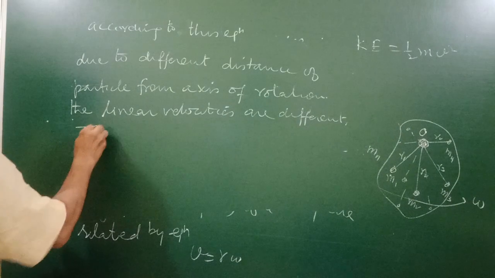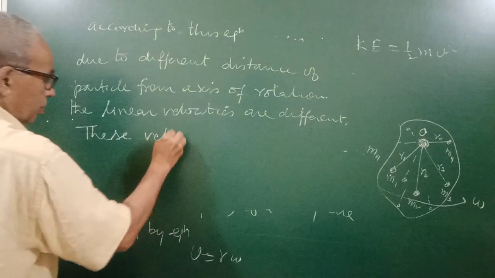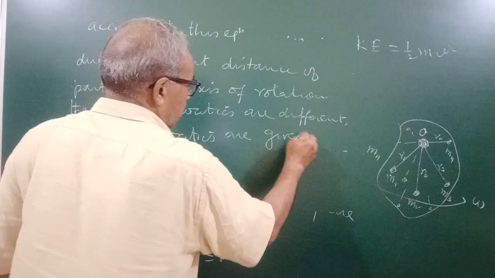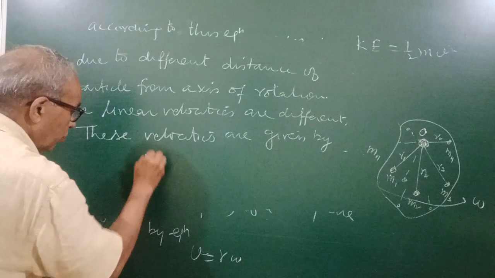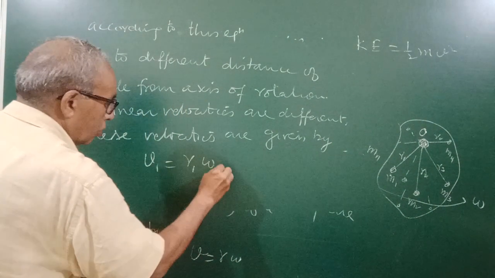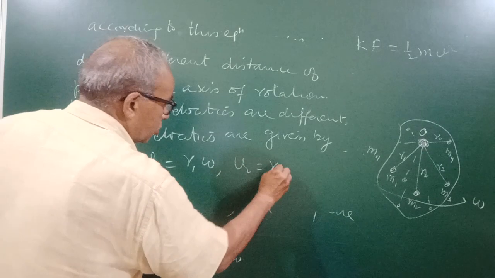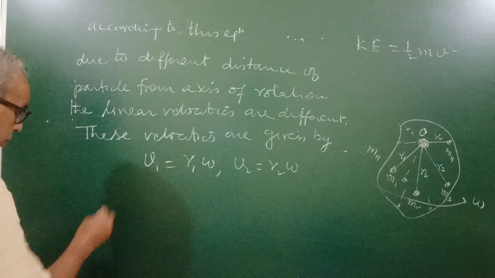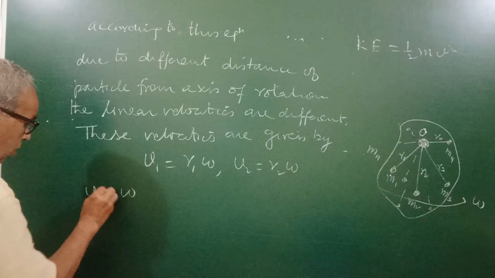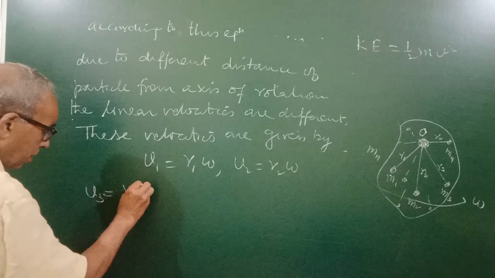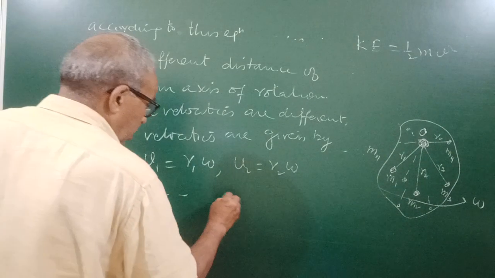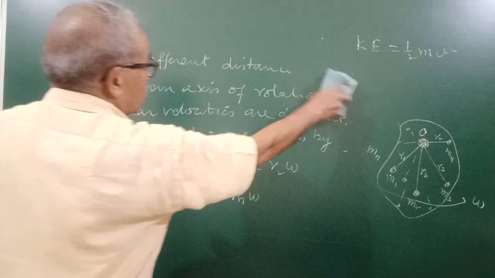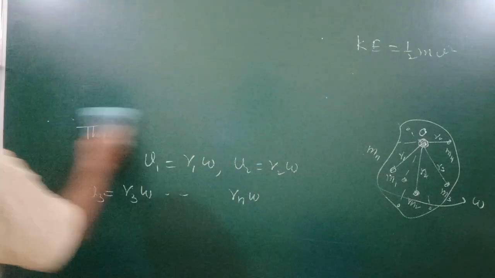And these velocities are given by v1 equal to r1 omega, v2 equal to r2 omega, v3 equal to r3 omega, and so on, vn equal to rn omega.